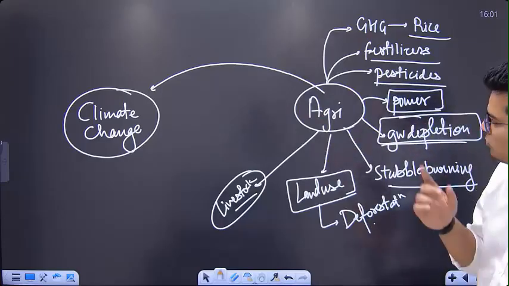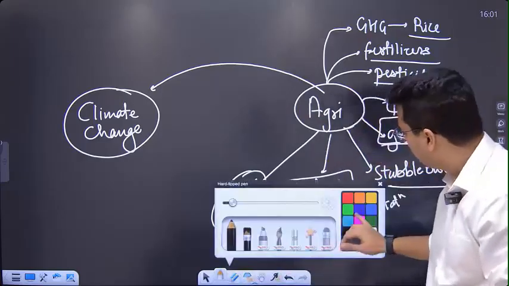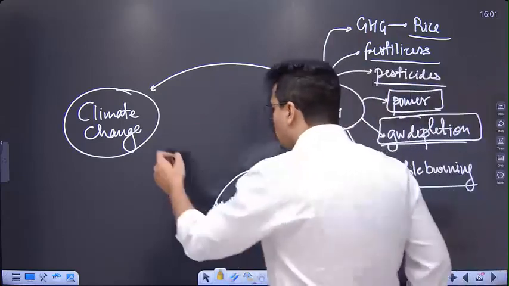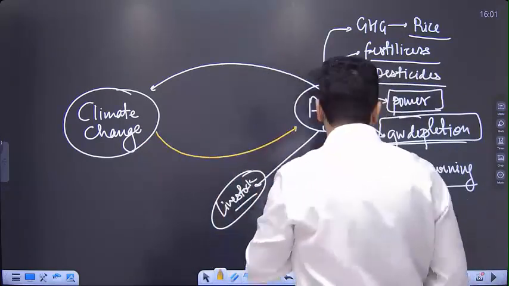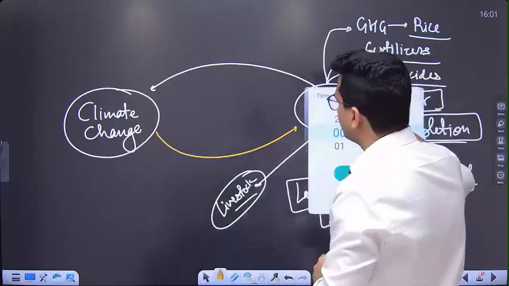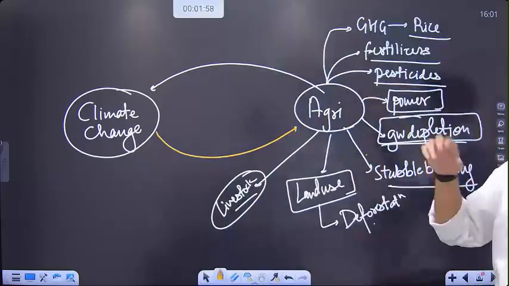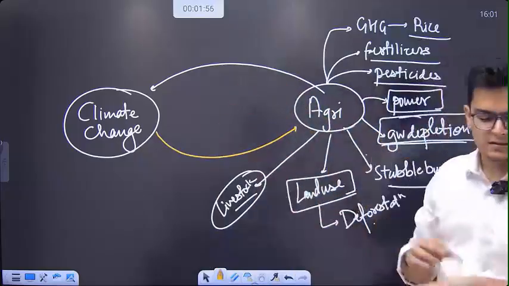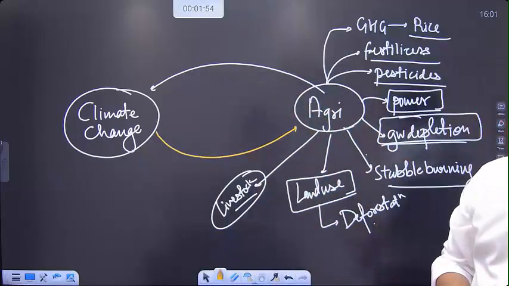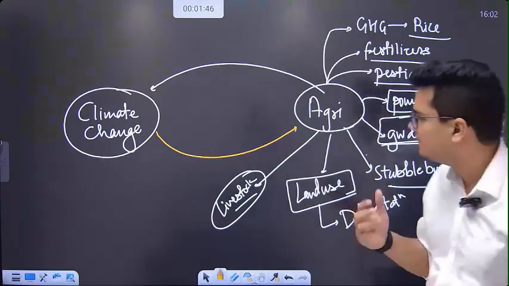Now the second question, and probably the more important question, is how does climate change impact agriculture? Again, you have 2 minutes. And in these 2 minutes, you are supposed to tell me how does climate change impact agriculture? Good.